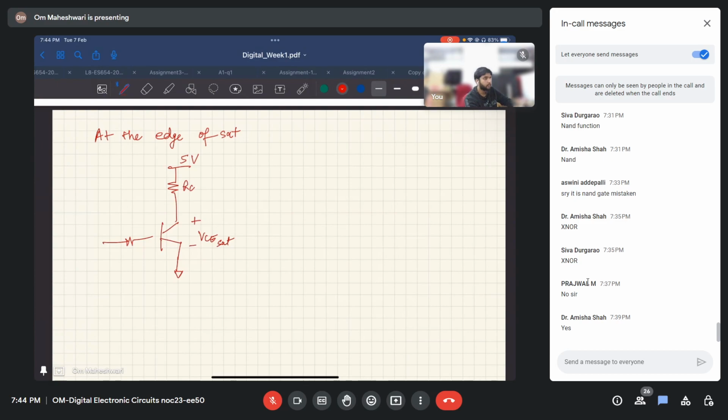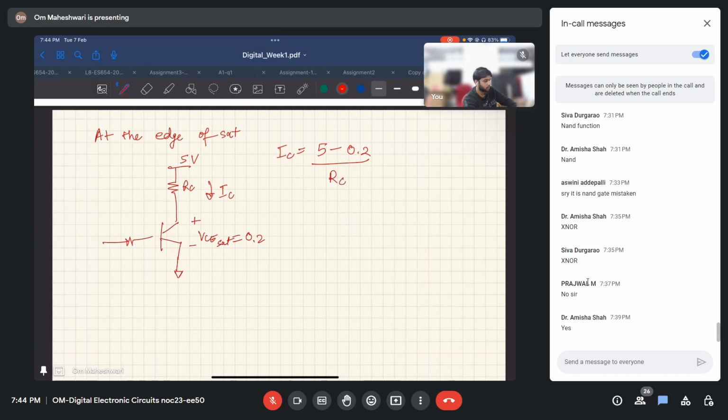So if we see IC, VCE sat we know is 0.2, so IC will be VCC, that is 5 volts, minus 0.2, divided by RC.